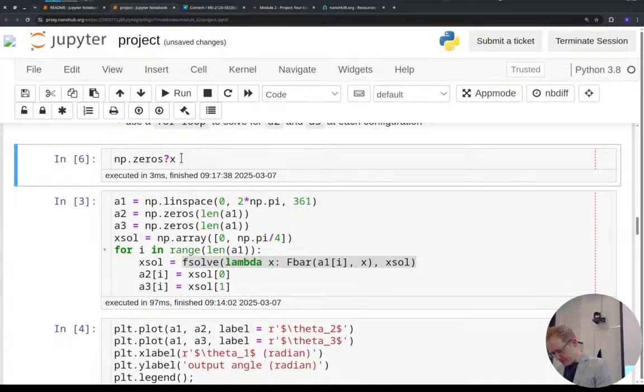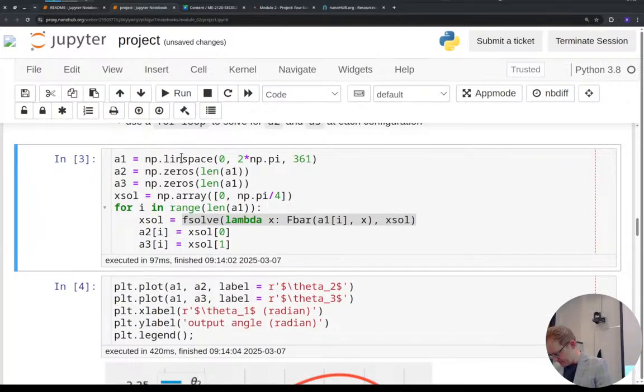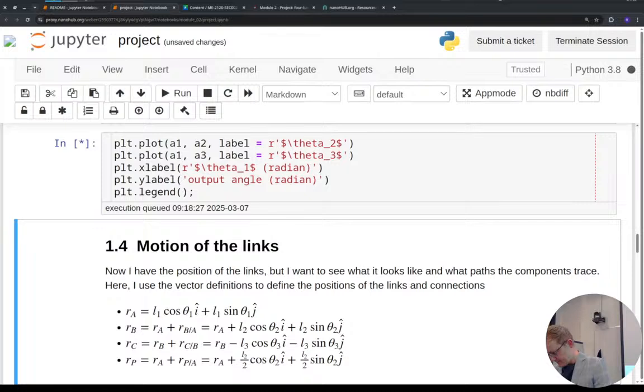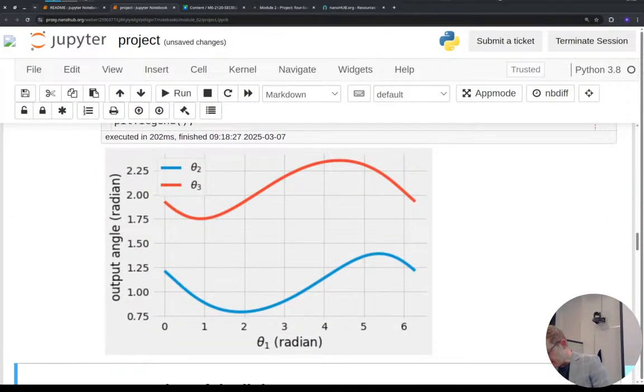Depends on how deep you want to get into the project. So now I have angles from 0 all the way to 360.